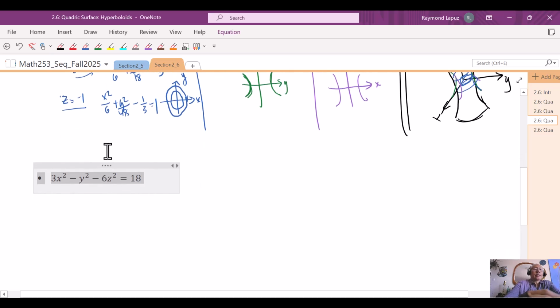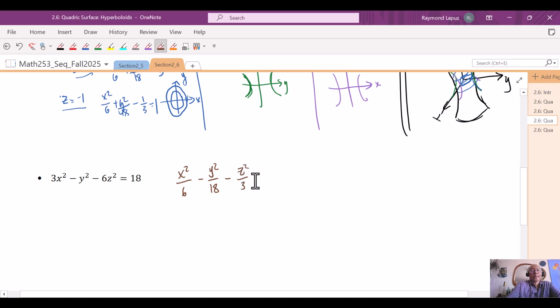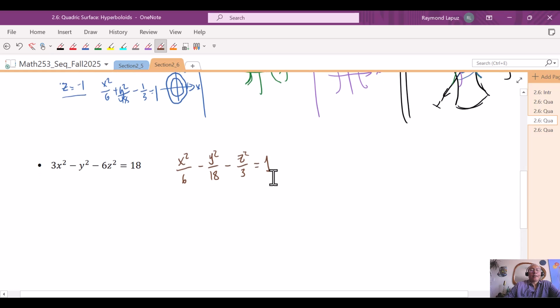Now, as I'm looking at this example and starting off the same way we did last time, we can divide by 18. So we have x squared over 6 minus y squared over 18 minus z squared over 3 is equal to 1. Now I'm noticing two negative signs and one positive sign.